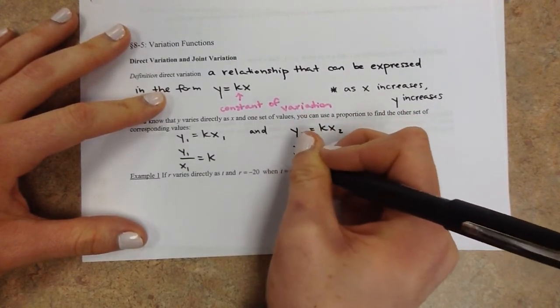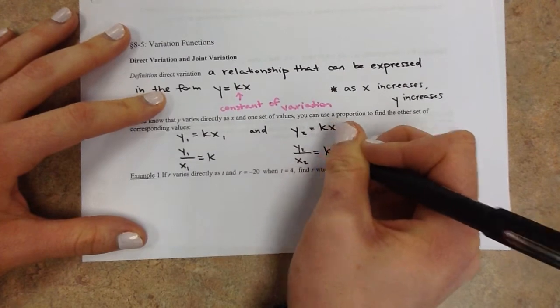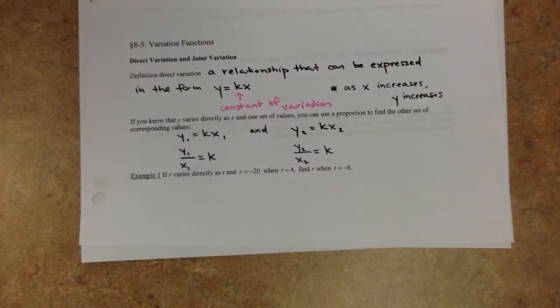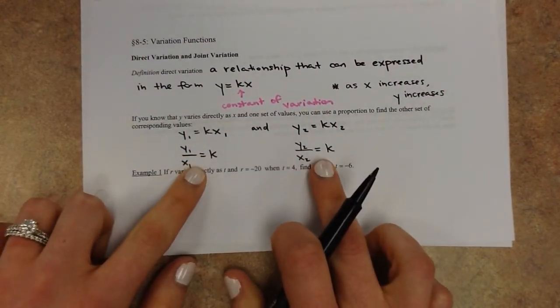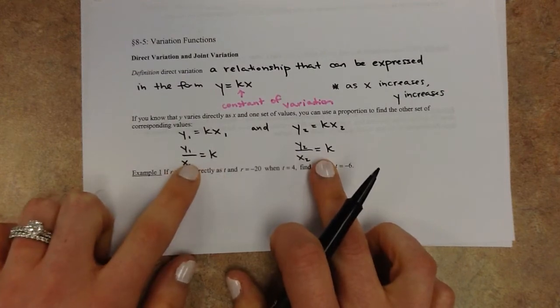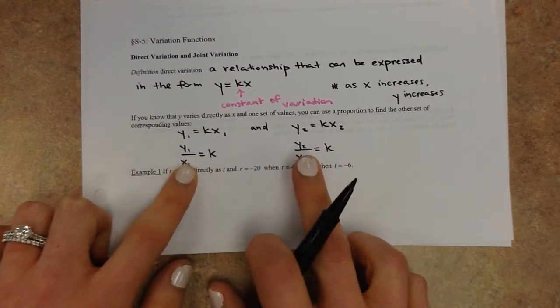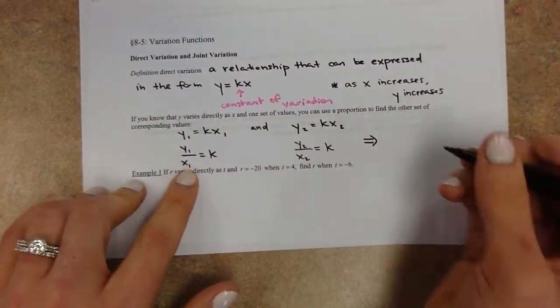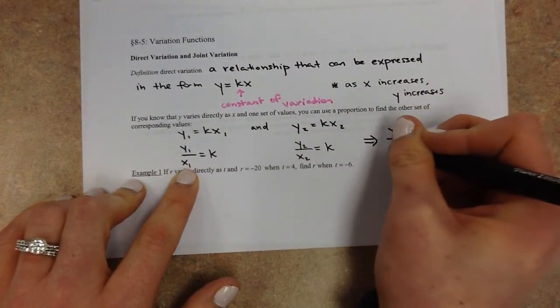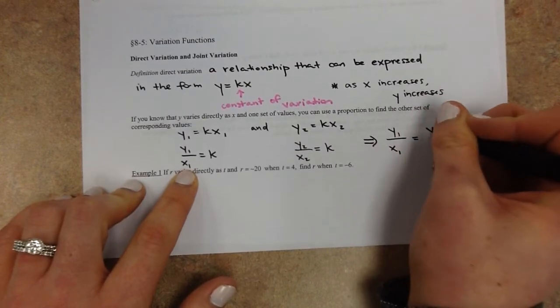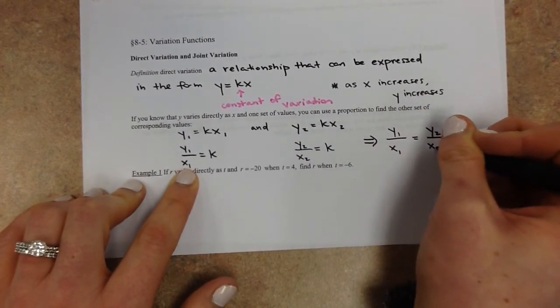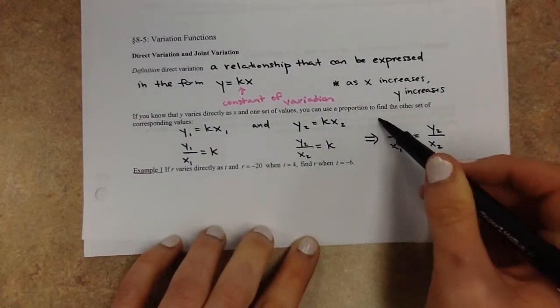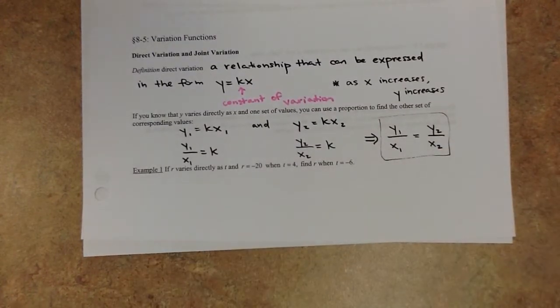So we'd have the left side divided by x2, and then over here we just have k by itself. So what we've just created is 2 functions that are both equal to k. So if k equals this and k equals this, then these 2 things must be equal to each other. So what we come up with is this relationship, that y1 divided by x1 must be equal to y2 divided by x2. Okay, so this is the relationship that we use for direct variation.